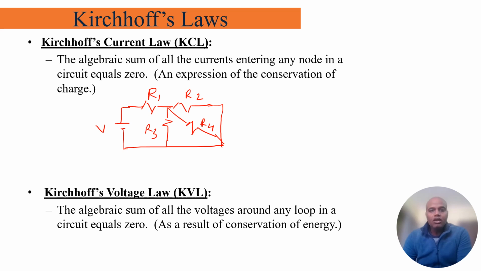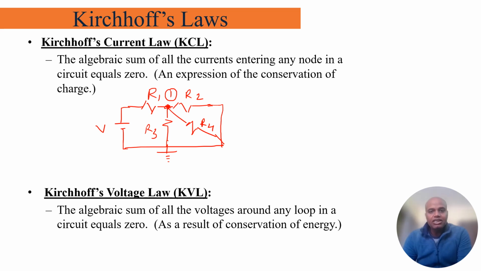For this node, if I have to denote the numbering of the nodes, I always start with a reference node, which is always at the ground potential. With respect to this reference node, this is my node. So I can say that this circuit has one node with respect to the reference node.